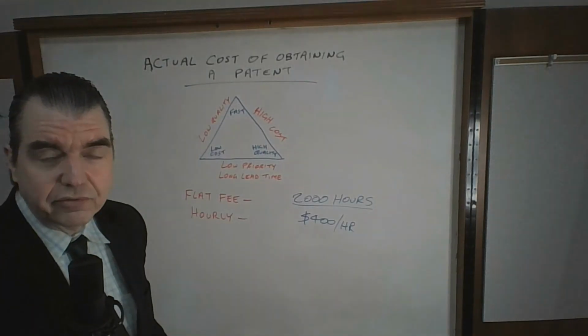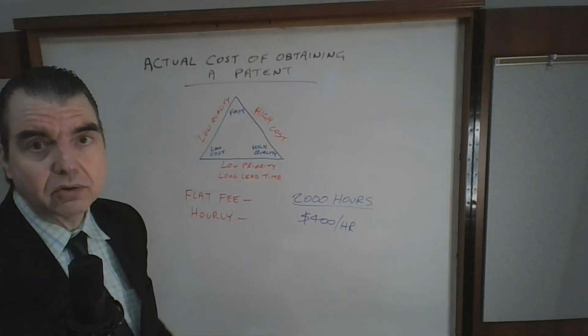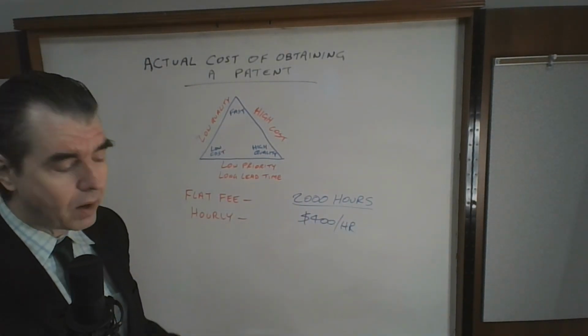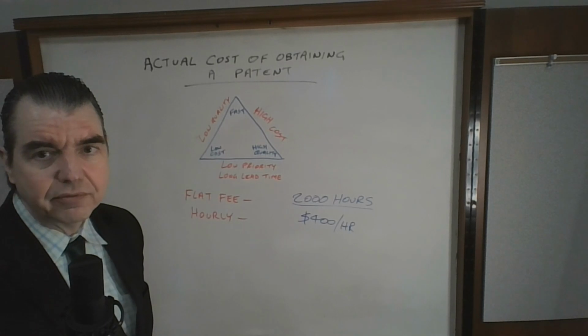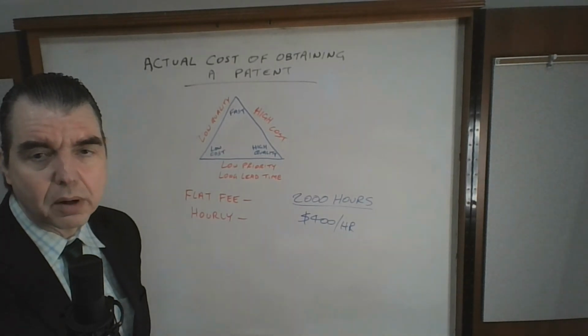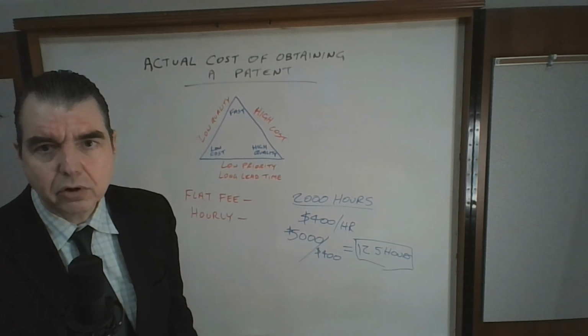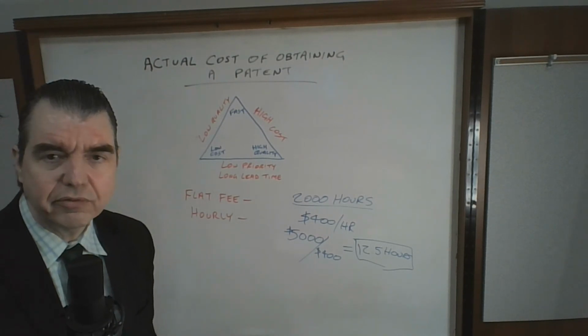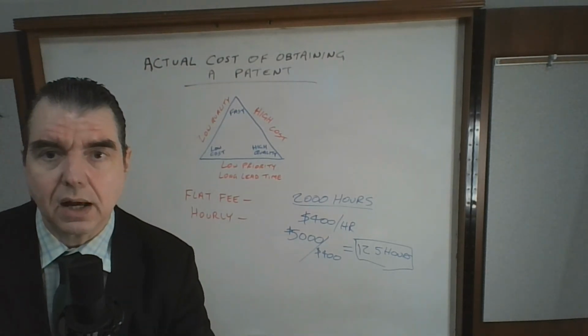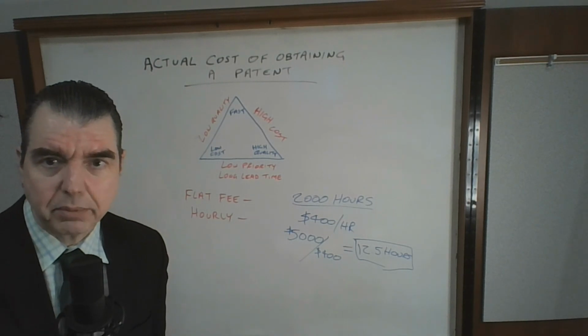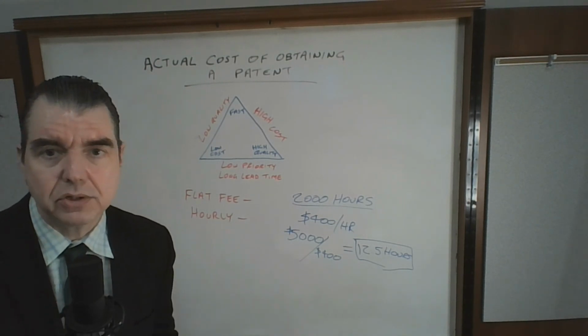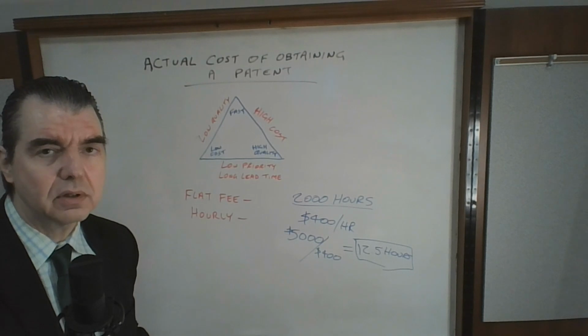So if they're assigned flat fee work and they have a 2,000 hour billable hour requirement, they offer you a flat fee of $5,000 for preparation of the patent application. So let's say that firm offers you a flat fee of $5,000 for preparation of your patent application, and then that patent application is assigned to an associate in the firm.